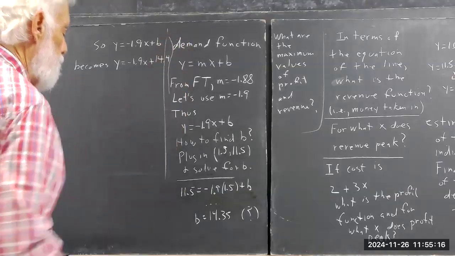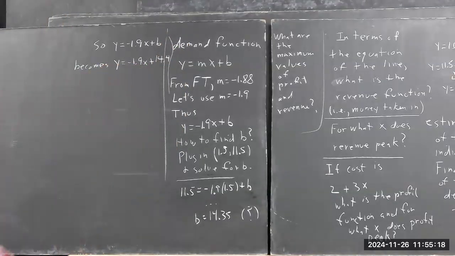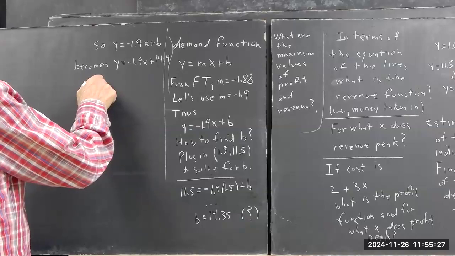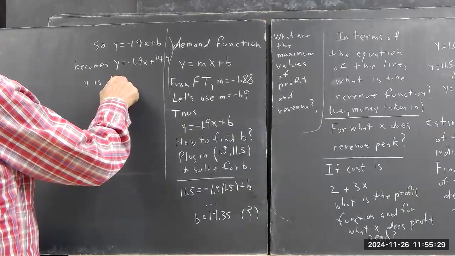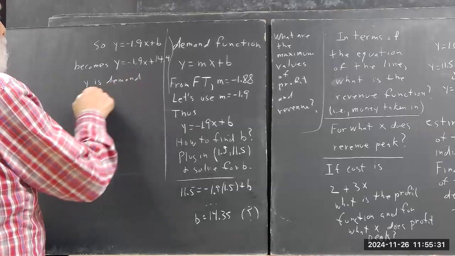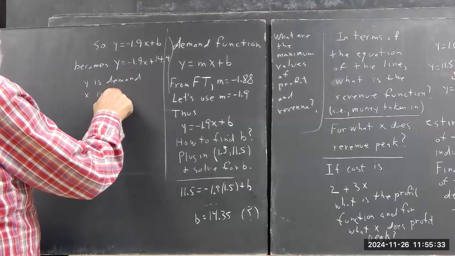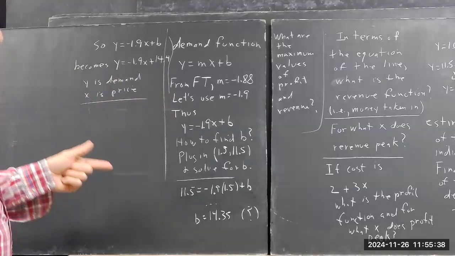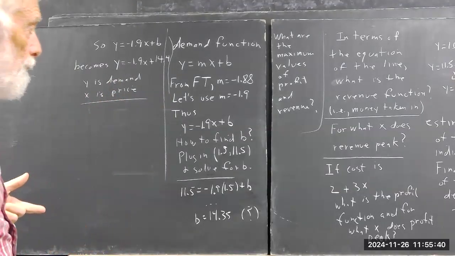And I'll round off to 14.4 since we've already done a fair amount of rounding off. Now there is our demand function. Y is the demand. X is the price that we set.